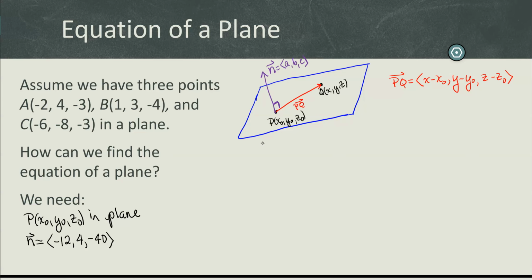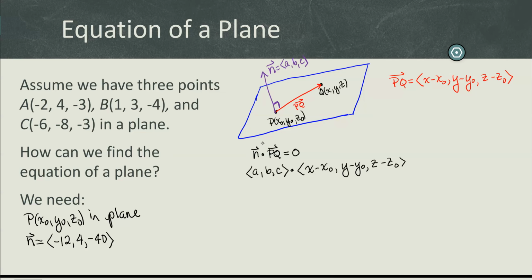Since N and PQ are orthogonal to each other, then vector N dot product with vector PQ must equal 0. We said vector N is A, B, C, and vector PQ is x minus x naught, y minus y naught, z minus z naught.